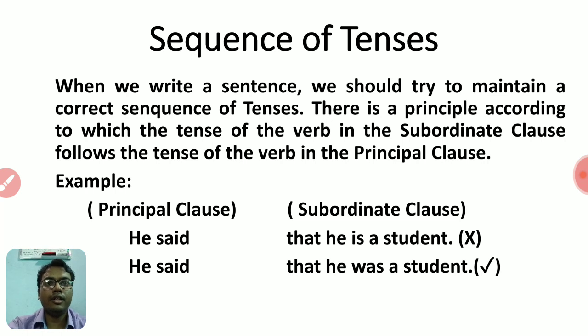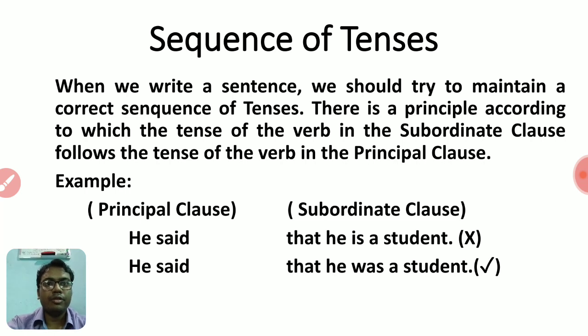See some examples. He said that he is a student. Now this sentence is wrong. Why? Because in this sentence the reporting verb "said" is given in past tense, and in the subordinate clause, "that he is a student", the reported speech verb is given in present tense.